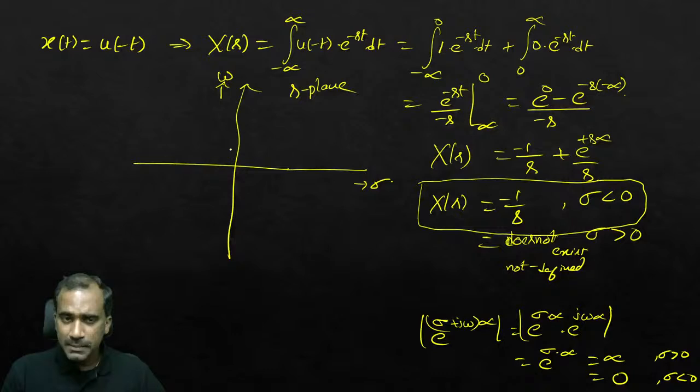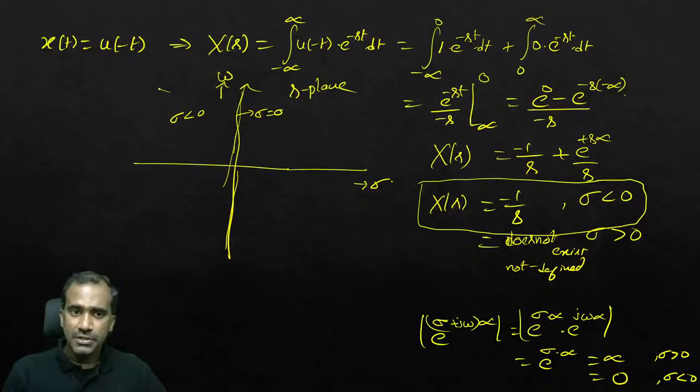All points in the second and third quadrant have a negative value of sigma, correct? Whenever they talk about sigma less than 0, to plot this region, first plot sigma equal to 0, which is like the x equal to 0 line, the y-axis. So sigma less than 0 represents this total region.